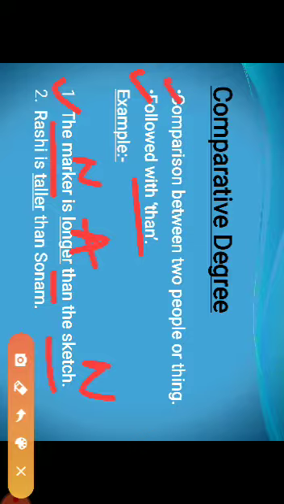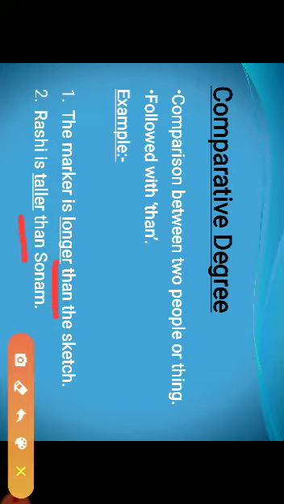The next sentence is Rashi is taller than Sonam. So here Rashi and Sonam are the nouns and what is the adjective? Taller. Taller is the adjective and the adjective is followed by the word than. So this shows that there is a comparative degree in this sentence.